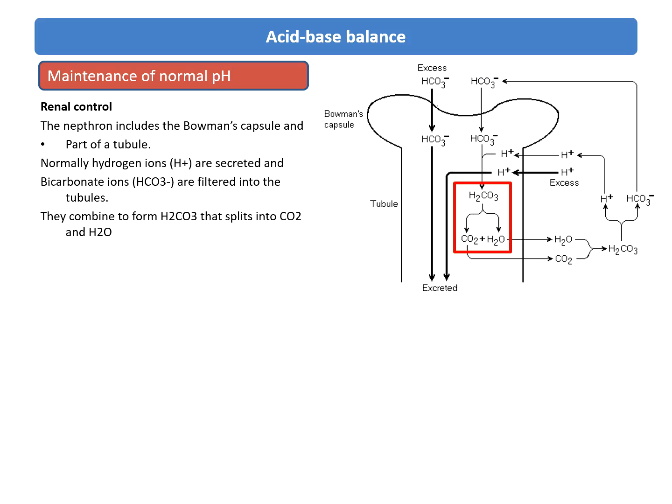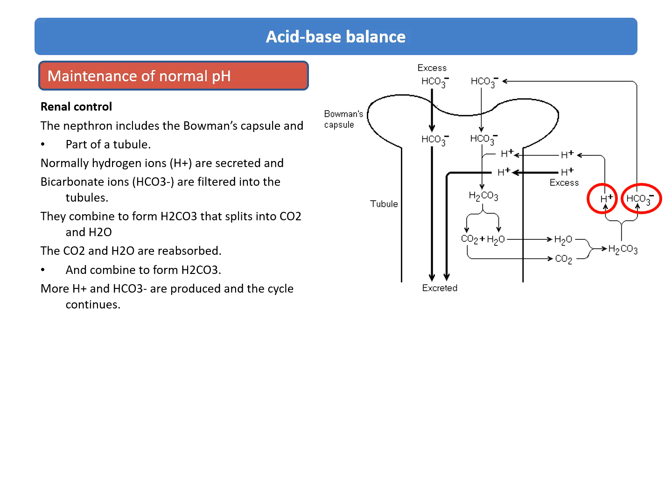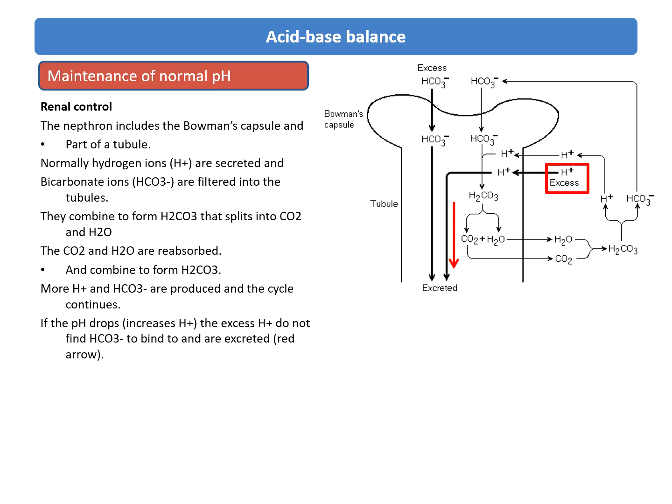They combine once they reach the tubules to form carbonic acid, which ionizes or splits into CO2 and water. The CO2 and the water are reabsorbed, and when they're reabsorbed, they combine to form carbonic acid, which then ionizes into the two ions, and the cycle continues.